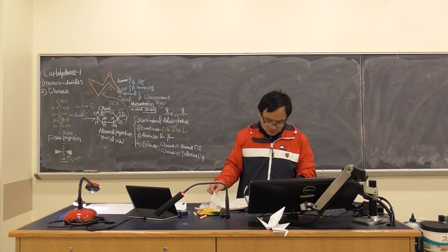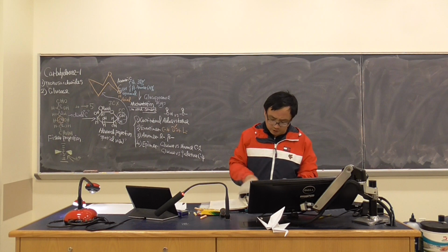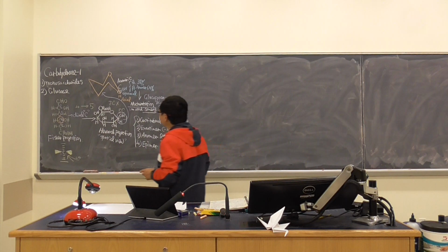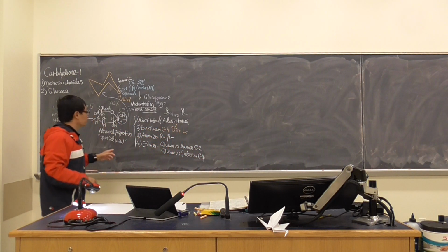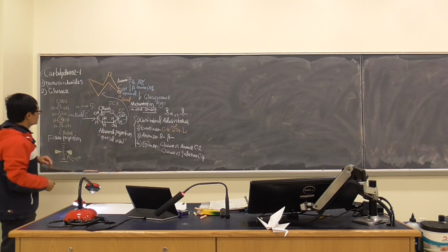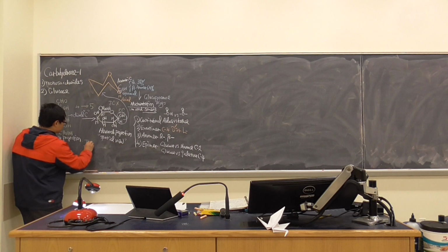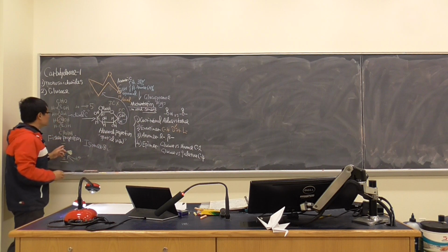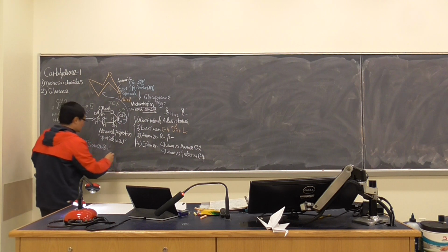Now, the last thing we forgot to talk about here is how many isomers will be generated for the monosaccharides. The number of isomers is calculated by the number of chiral carbons.